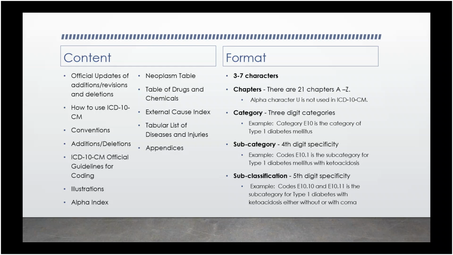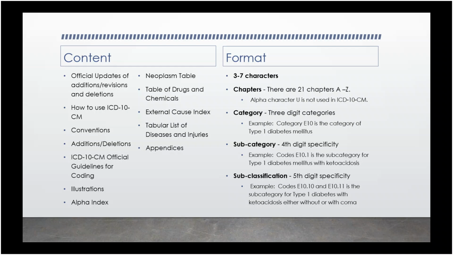Categories are 3-digit categories, so we have those categories within each one of our chapters. So the E10 is a category of type 1 diabetes. I10 is a category plus a code for hypertension. Subcategories, they continue to break down. That's the 4th digit specificity.